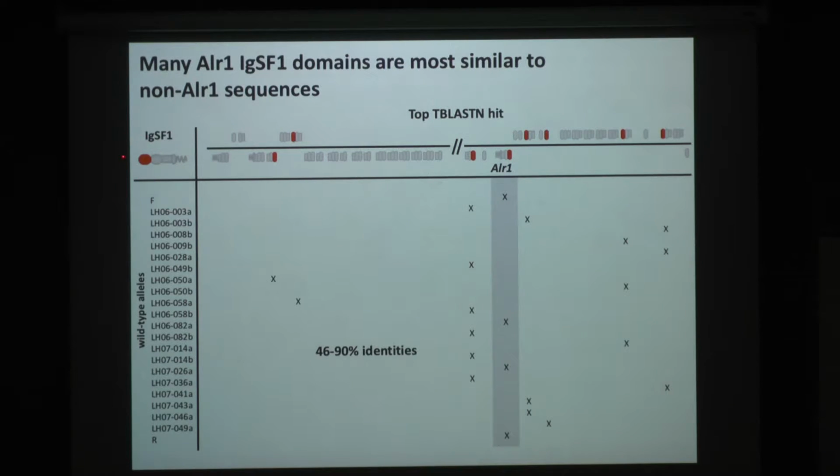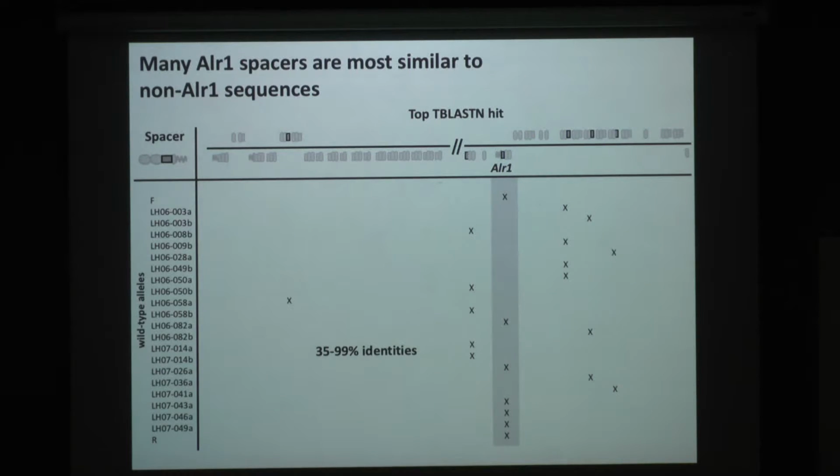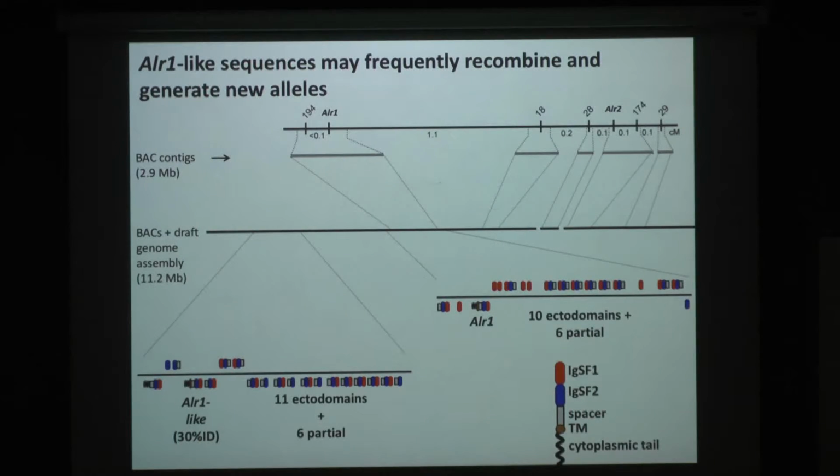So if you take the first IGSF domain and you ask, okay, which in these wild-type alleles, which sequence is most similar to that N-terminal domain, it turns out a lot of the time it's these other non-ALR1-like genes. Again, this is exactly the pattern you'd expect if there was lots of recombination going on between these genes. The same is true for the second IGSF domain and the spacer. Okay? And so what we think is happening at ALR1 also is a lot of recombination generating diverse new alleles.